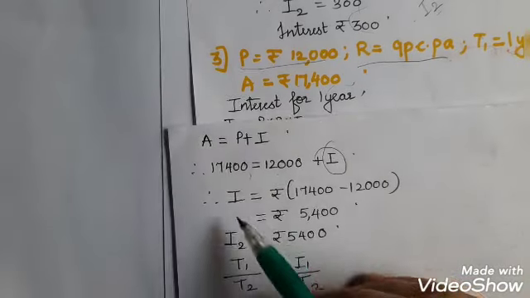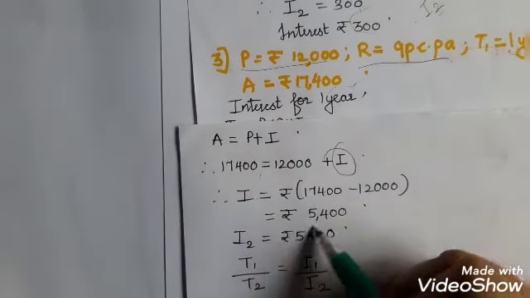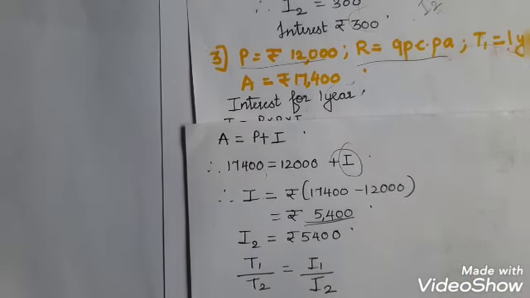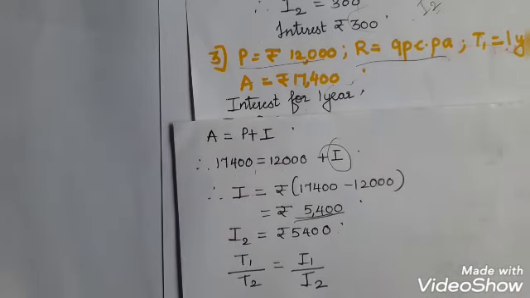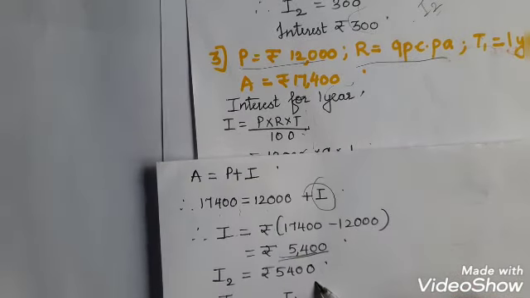So I is equal to 17,400 minus 12,000, that is 5,400. So that is the second interest. So I2 is 5,400.